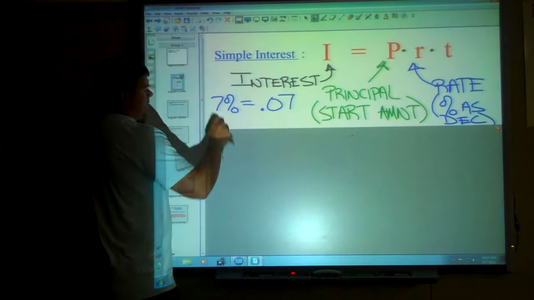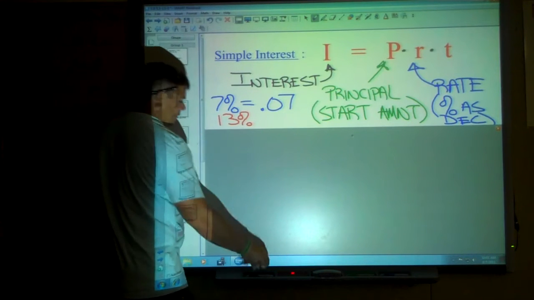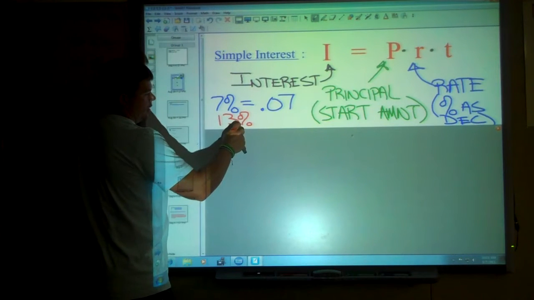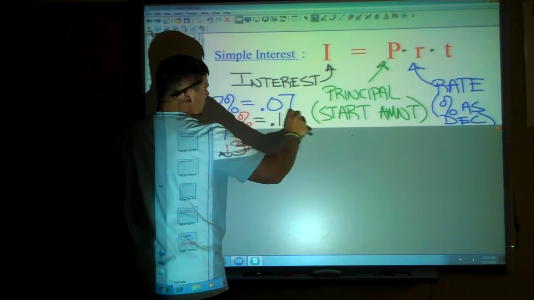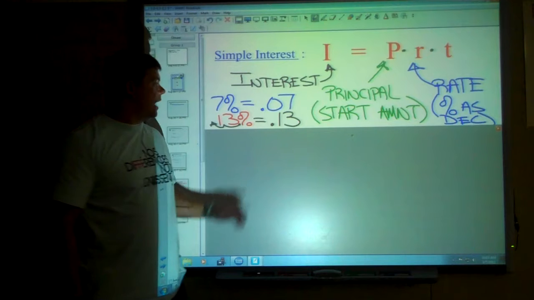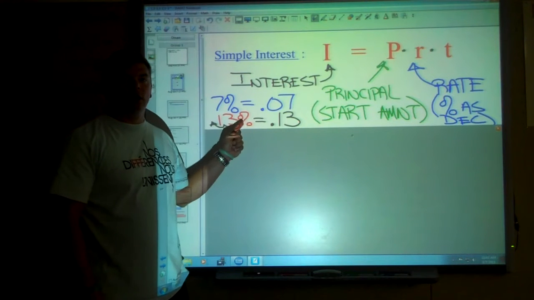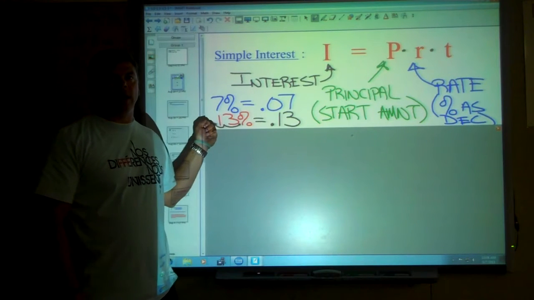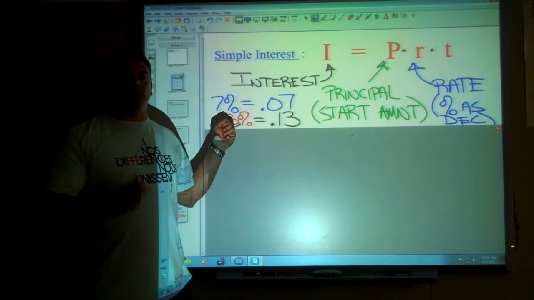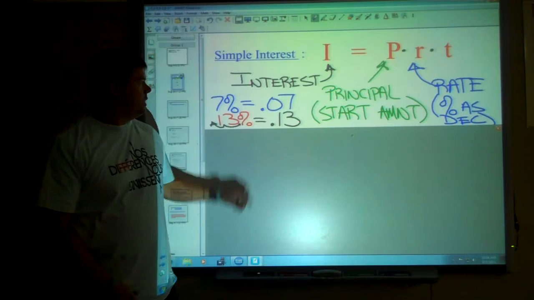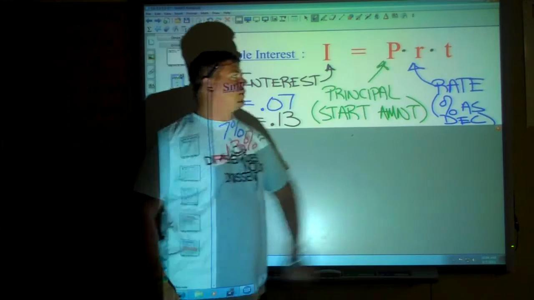You always take the decimal, which would be here on the end of this, and you move it 2 places to the left. Always 2 places to the left. I don't care how many numbers are in the percentage, it's always 2 places to the left. So 125%, 2 places to the left would be 1.25. So that's the value that gets plugged in for the R, for the rate.